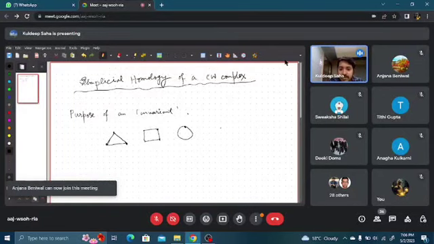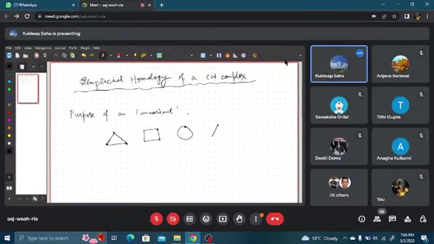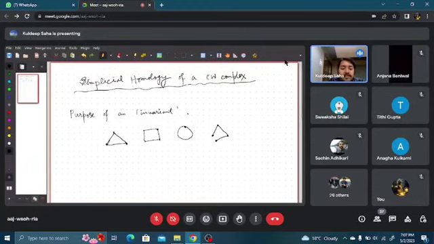Okay. And then I give you this thing where I do not join these two vertices. So now, what is your guess? Can you tell me how we should distinguish them? All of them have some similarity.